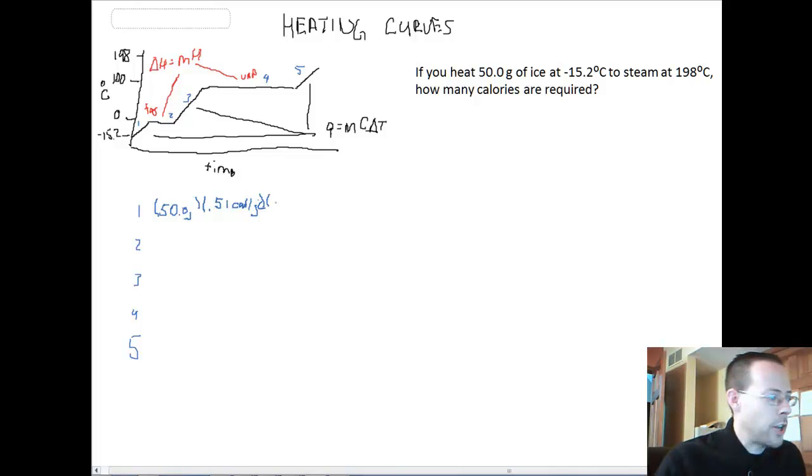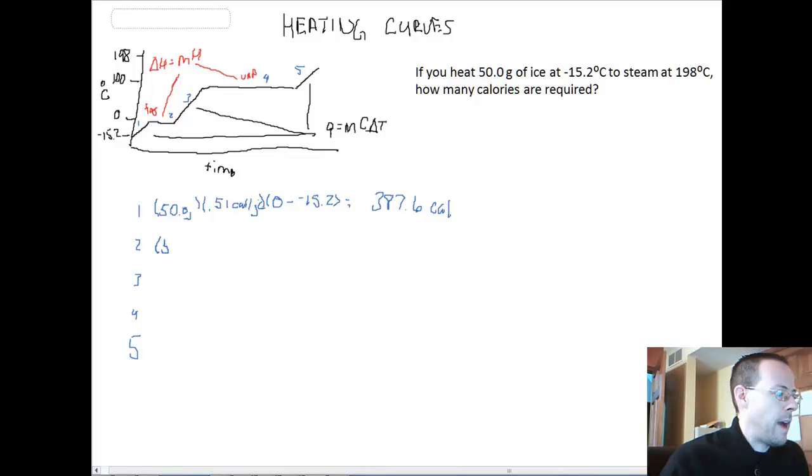Our temperature change is, it stops being ice at 0 degrees, so we're going to take 0 minus negative 15.2. We're really going to add those, and our answer is going to be 387.6 calories.